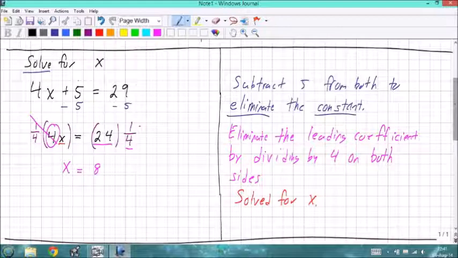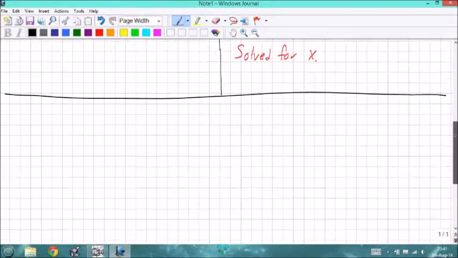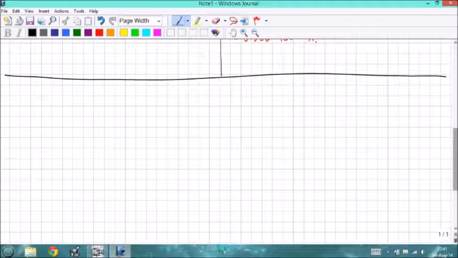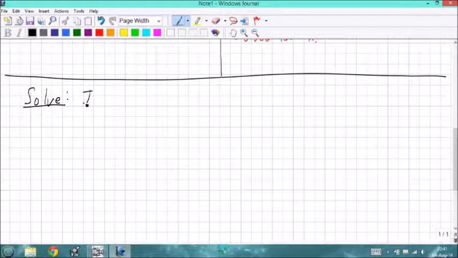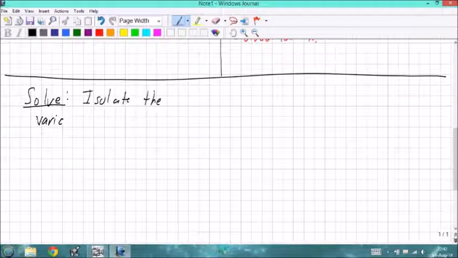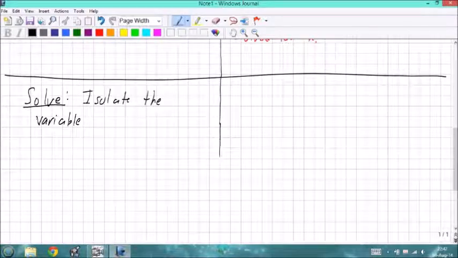Well, guess what? You can use Cornell Notes for the same thing. You'd have the word over here, and you would say solve. And solve means to isolate the variable. And of course, that's, again, Mathanese. So on the right-hand side, we would be able to put it in terms that we better understand.